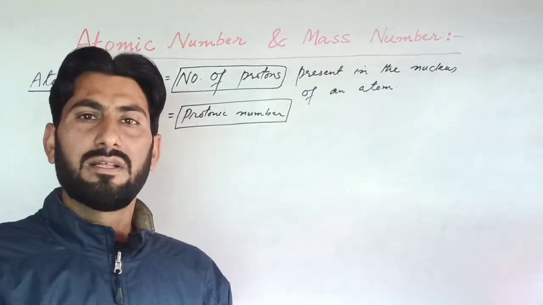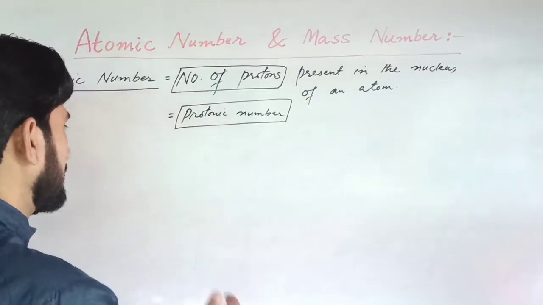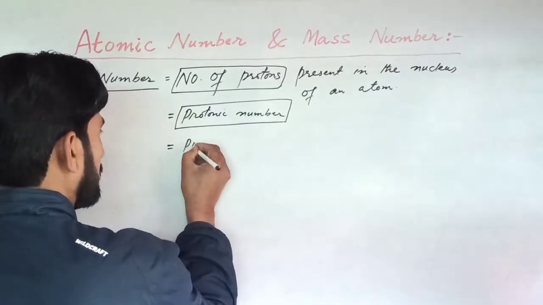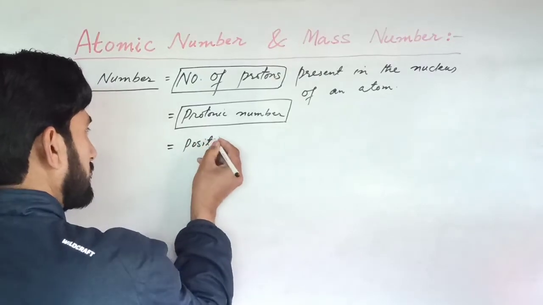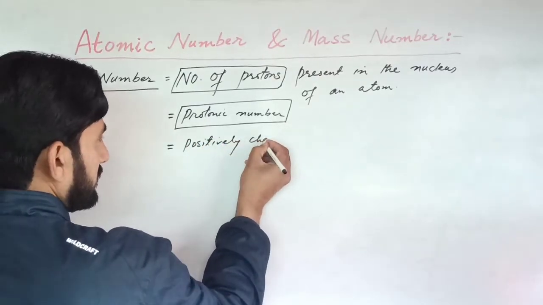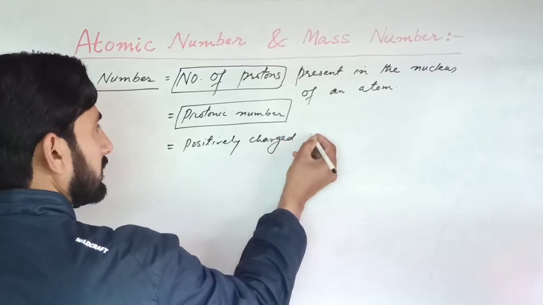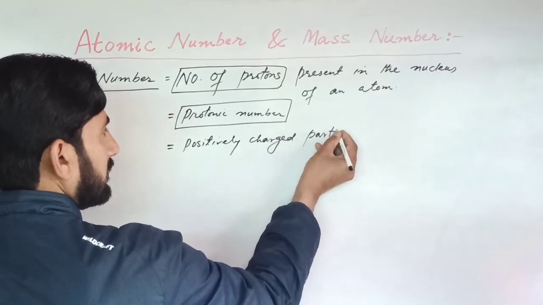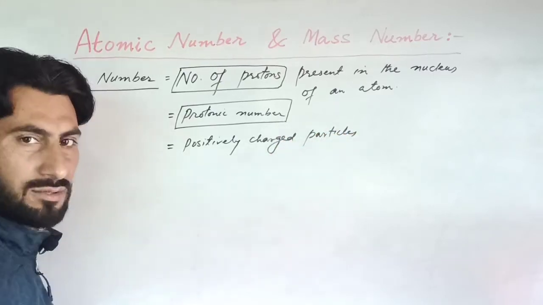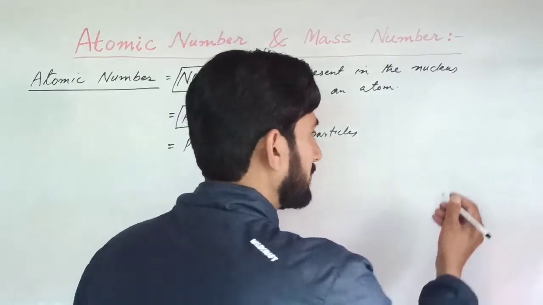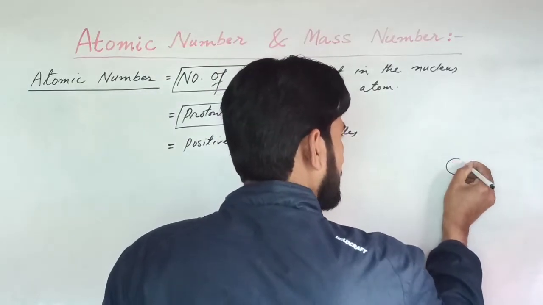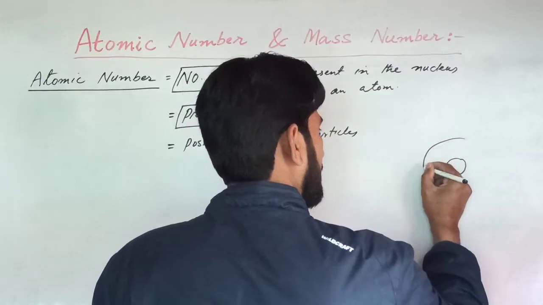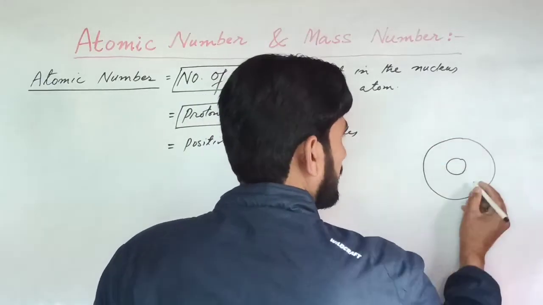Protons are the positively charged particles present in the nucleus of an atom. We know that an atom consists of two parts, a central part and an outer part.